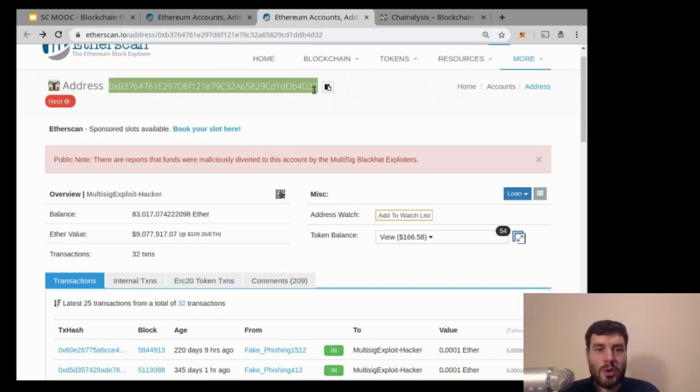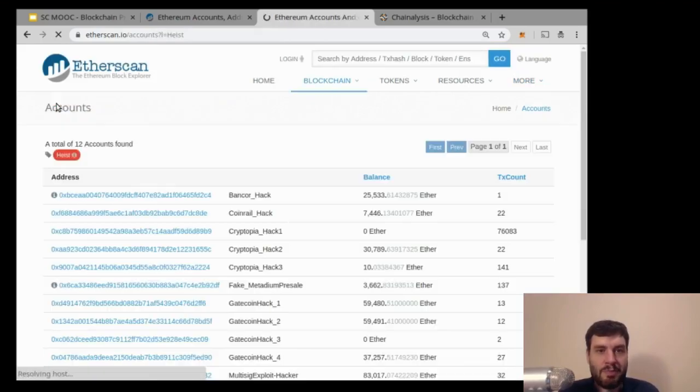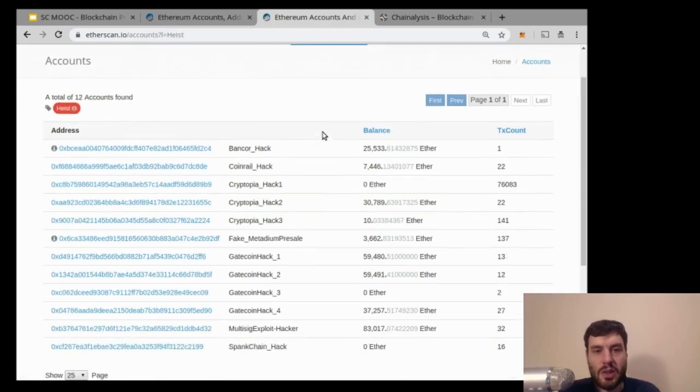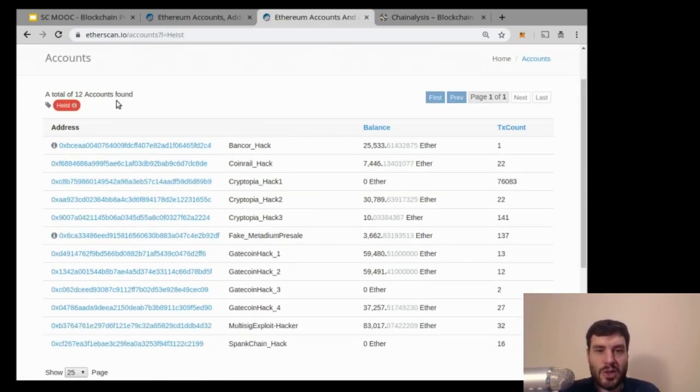And if whoever owns this private key tried to take them to an exchange to cash them out, the exchanges would be able to recognize these, and they would basically not process the exchange because they know to look for this address, because it shows up on a list. Etherscan maintains this list of addresses thought to be associated with heists. So you can actually look here and see tens of millions of dollars worth of Ether at the time in total that are associated with attacks.